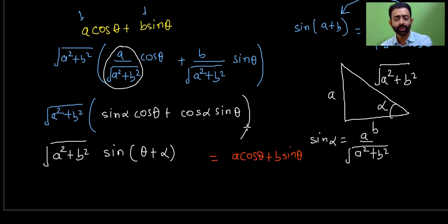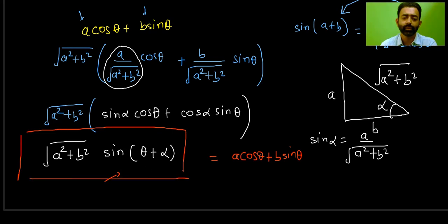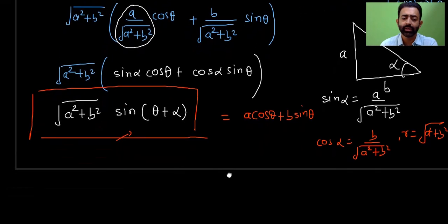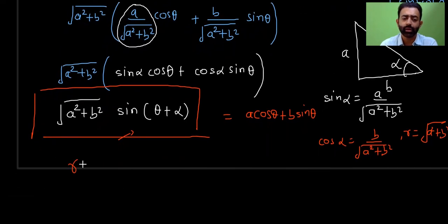So dealing with two different trigonometric functions versus dealing with just a single sine theta plus alpha, this is much easier, right? And I would say that the cos alpha value is B upon the square root of A square plus B square, and the value of r will be the square root of A square plus B square. Okay, so I can write this expression as r sine theta plus alpha.